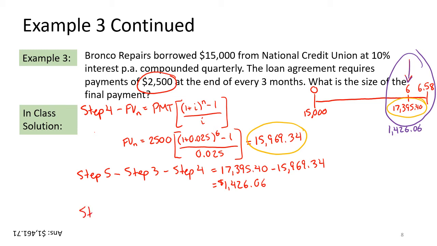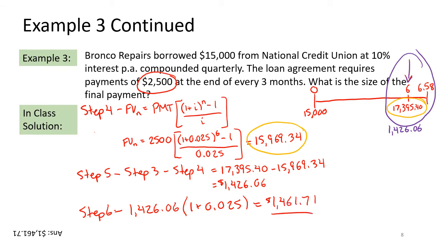Okay, so step 6 is to take that value, $1,426.06, and multiply it by that periodic rate of interest. How much interest the remainder of your loan will earn in that last period. In this case, it's 1 plus that periodic rate of interest, 0.025. Okay? And if you calculate that out, you get $1,461.71.